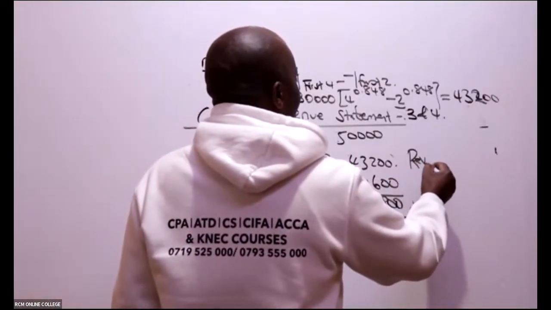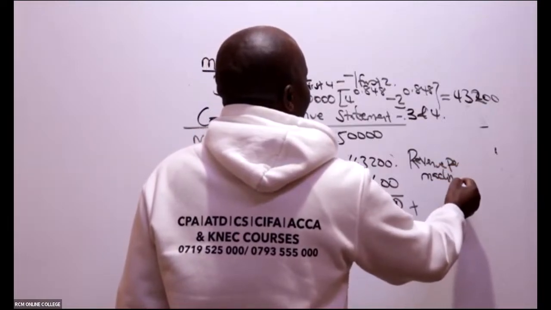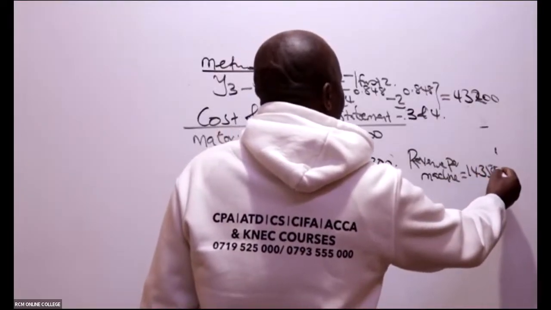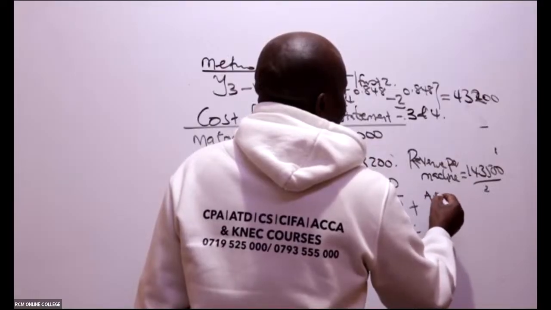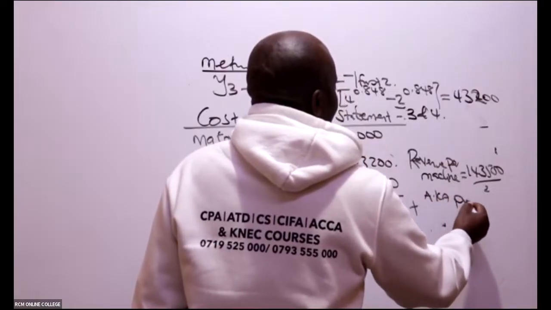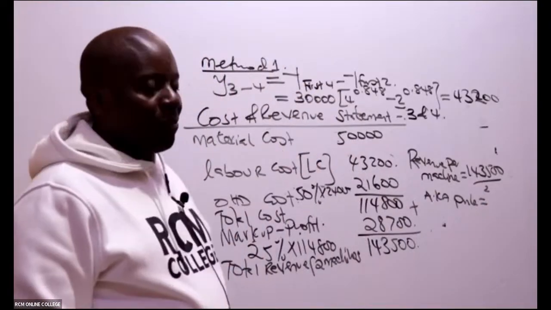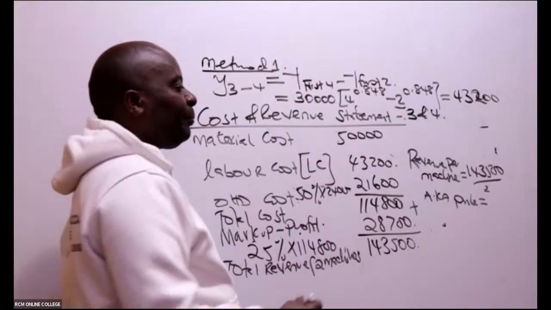So revenue per machine will be 143,500 divided by 2, which will be exactly equal to the selling price per machine: 71,750.